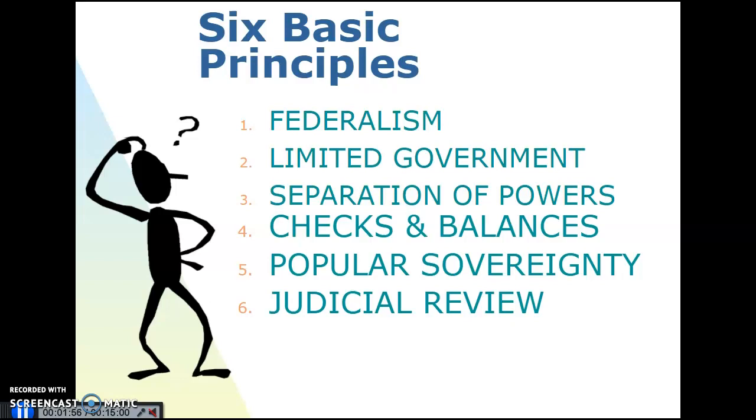Obviously, that's the federal government and state government. That's your federalism. Limited government. They wanted government to be limited in such ways. They did not want a strong, powerful government necessarily. Didn't they want that government limited and have checks and balances? Separation of powers. They wanted those powers separate.